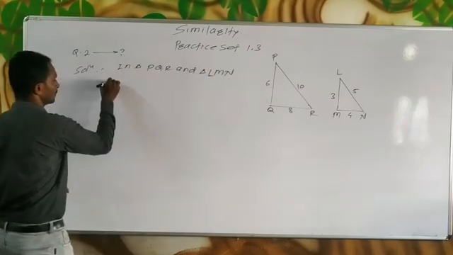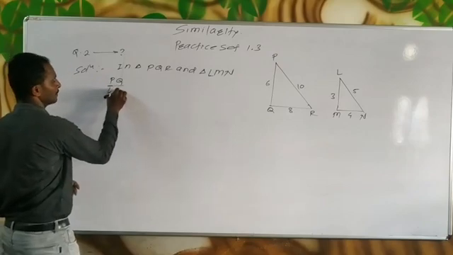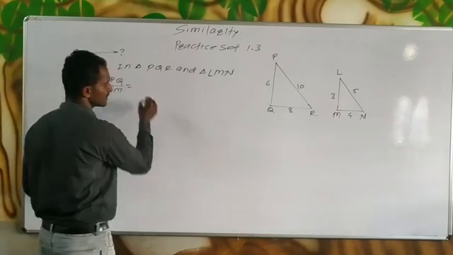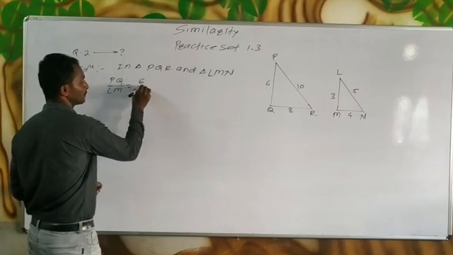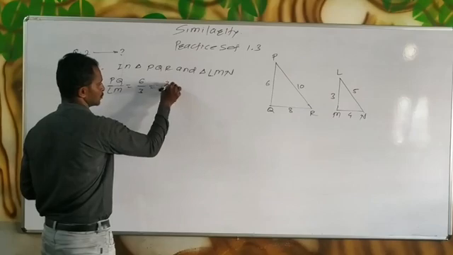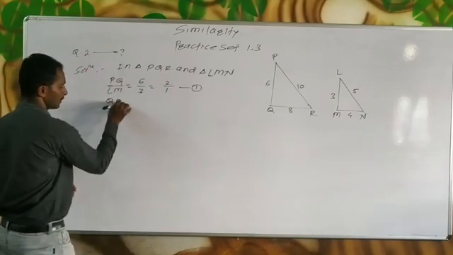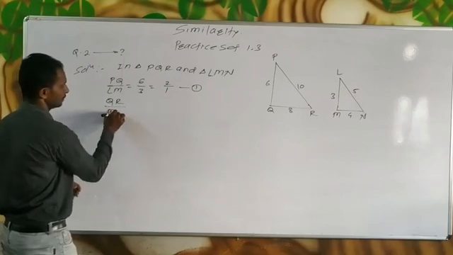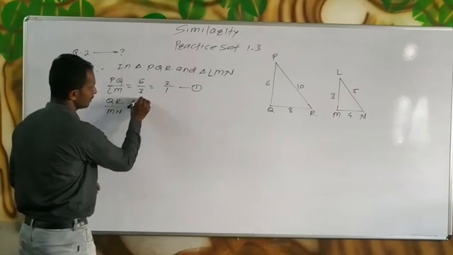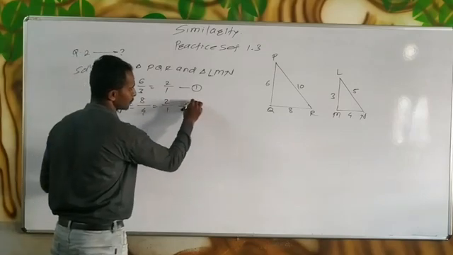that is, PQ upon LM is equal to 6 by 3. It is equal to 2 by 1, like the first. Next, QR by MN is equal to 8 by 4. It is also equal to 2 by 1, number 2.